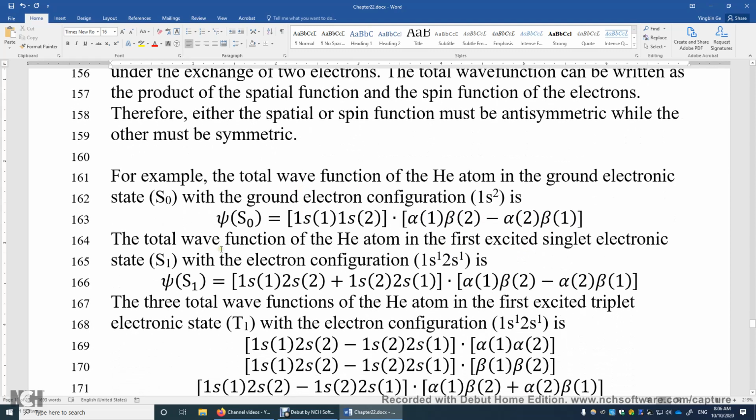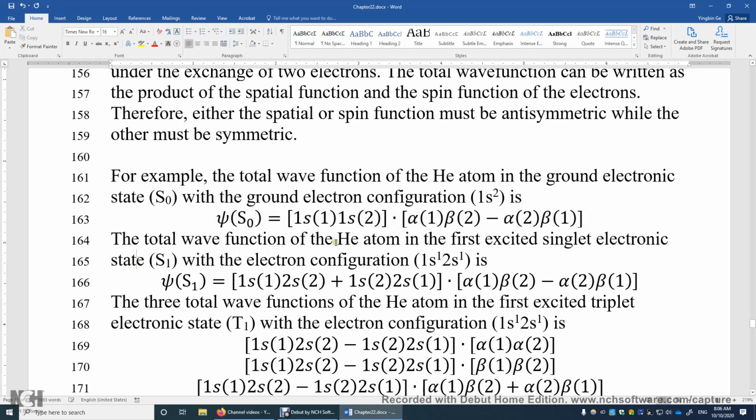Now let's look at the total wave function of the helium atom in the first excited states. There are the singlet excited state S sub 1 and the triplet excited state T sub 1. Let's look at this S sub 1, the singlet excited state. This 1 means the first excited state.